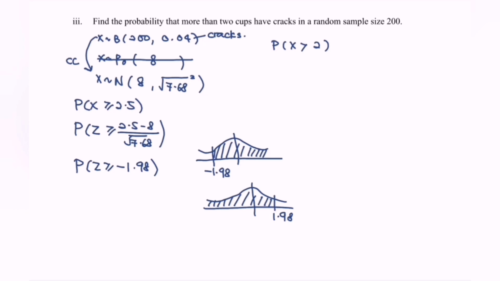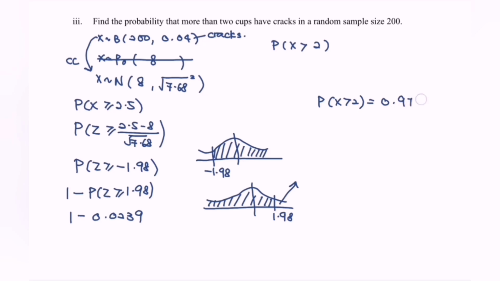So the formula will be 1 minus this part, the probability that Z is greater than or equal to 1.98. By referring to the table, we have 1 minus 0.0239. So as a conclusion, the probability that X is greater than 2 is equal to 0.9761.